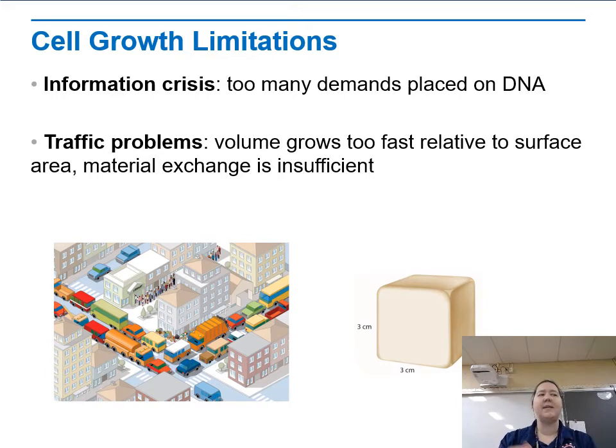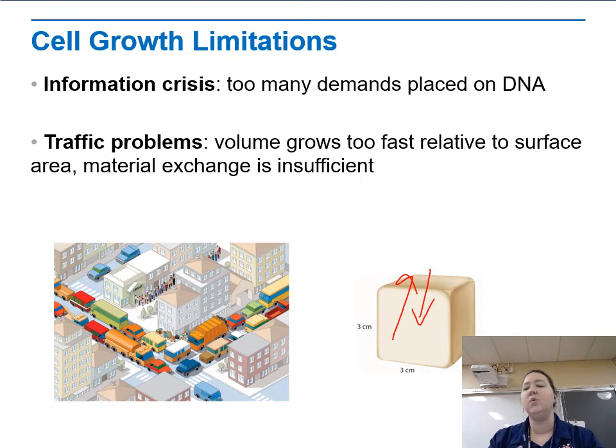And so what happens is getting in and out of that cell becomes a giant mess. There's too many things. Think about traffic at 5 o'clock in the afternoon versus traffic at 2 o'clock in the afternoon.